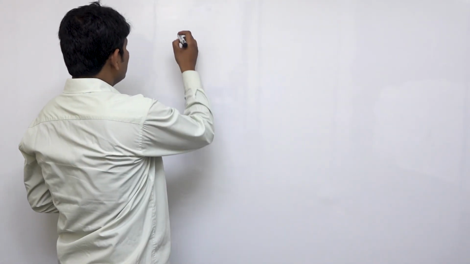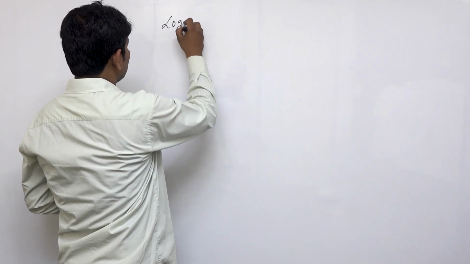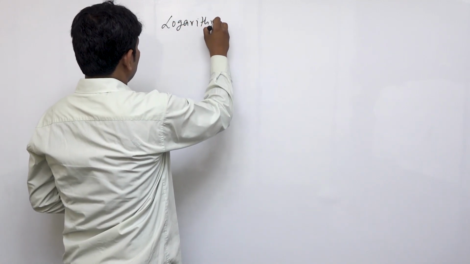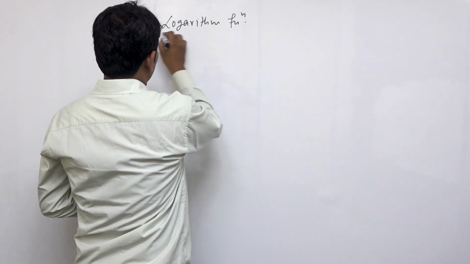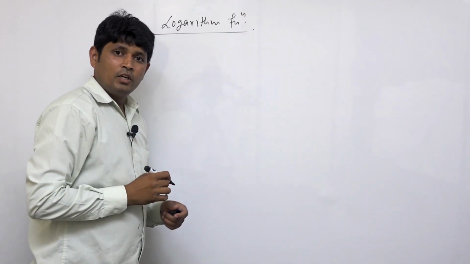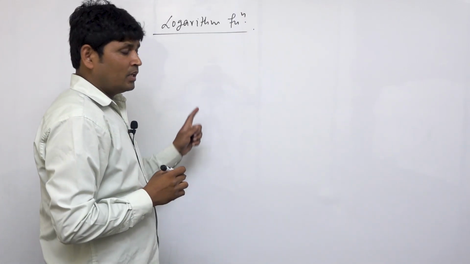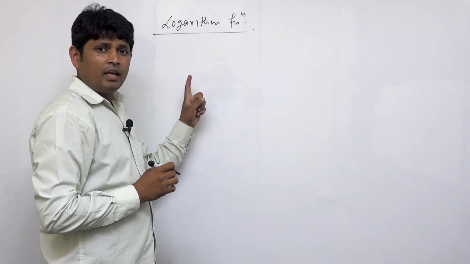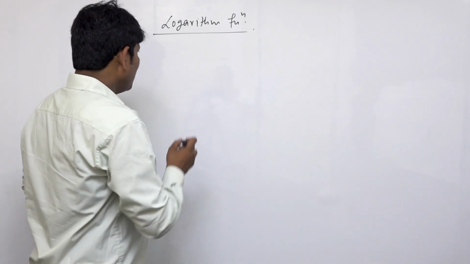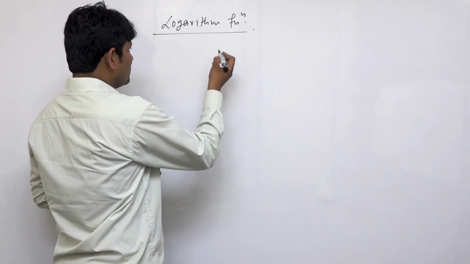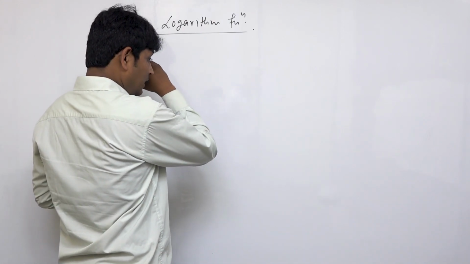Okay. Now another function is the logarithm function. What is called the logarithm function? The logarithm function is the inverse function of an exponential function. It is written like that.